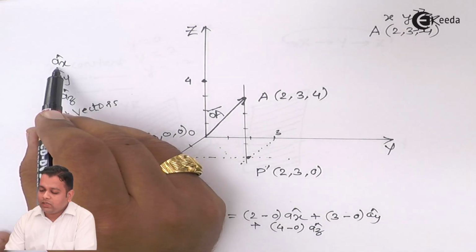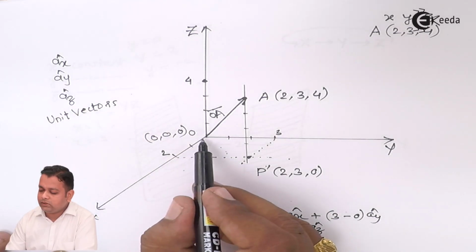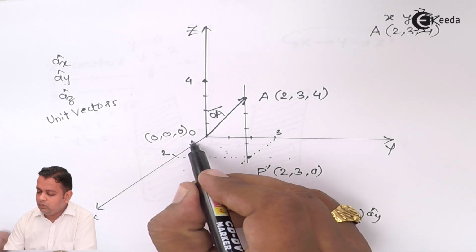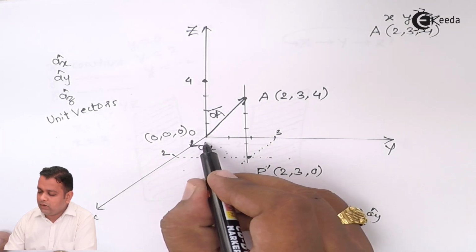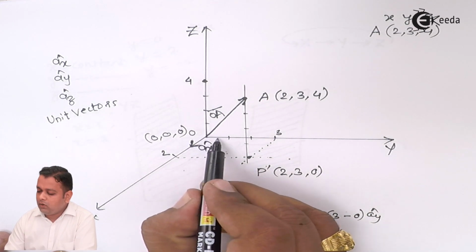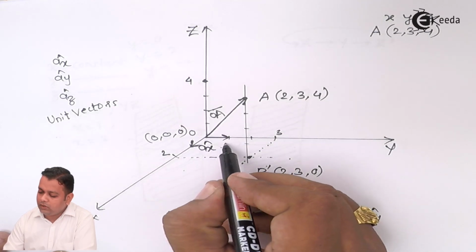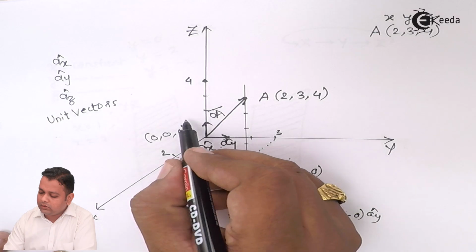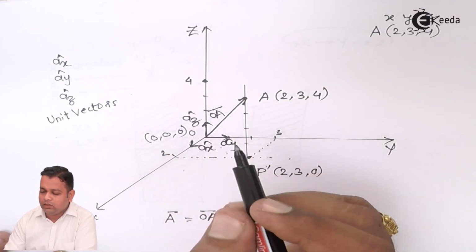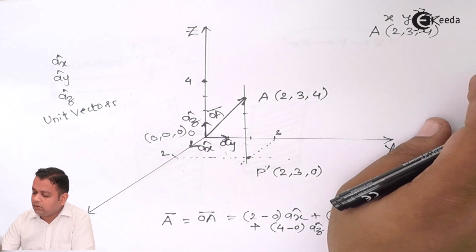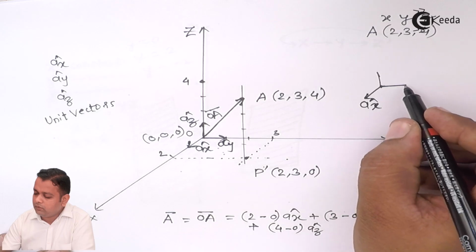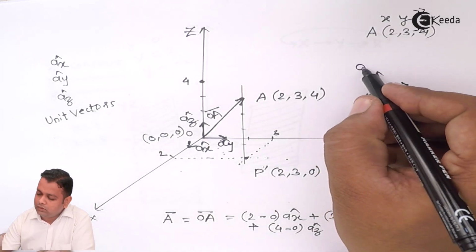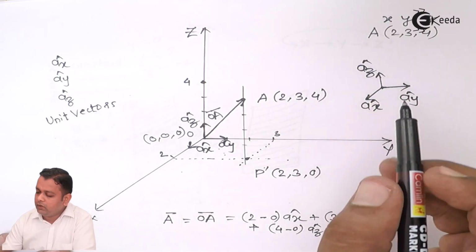So ax cap represents the direction of the x-axis. So 1 unit along the x-axis we can represent as ax cap, 1 unit along the y-axis we can represent as ay cap, and 1 unit along the z-axis we can represent as az cap. So here I can show ax cap, this is ay cap, this is az cap.